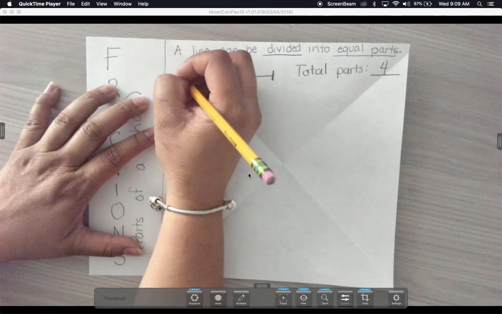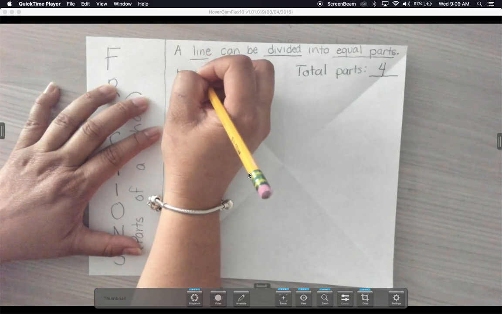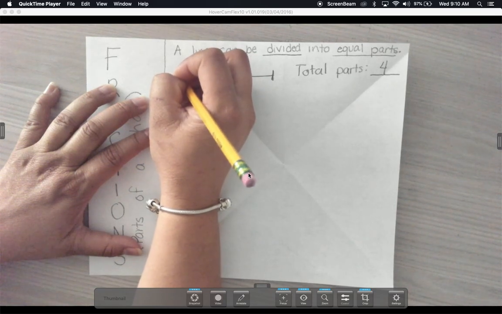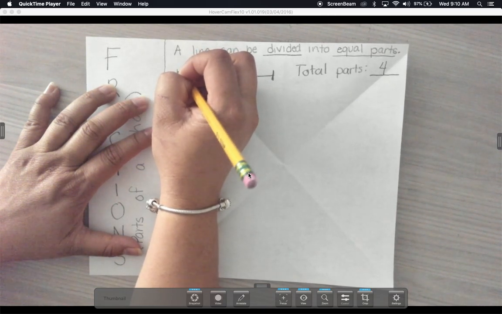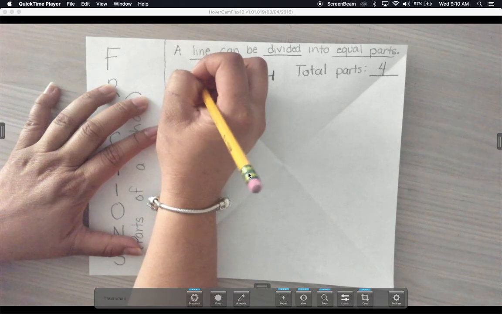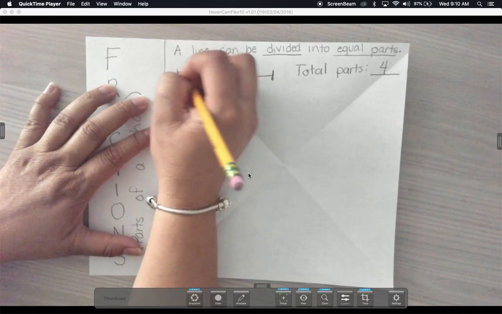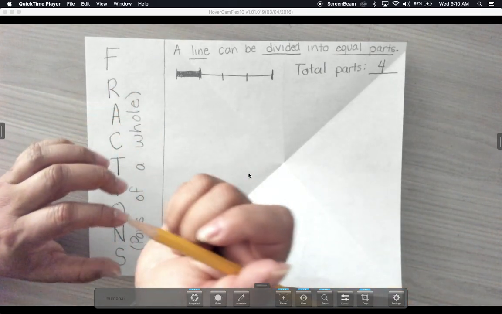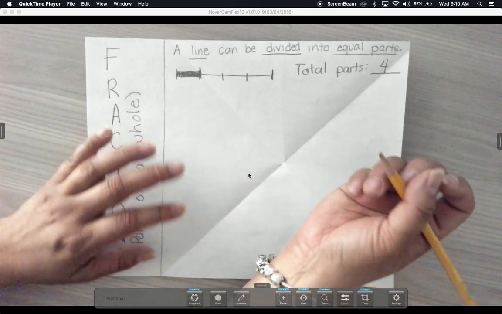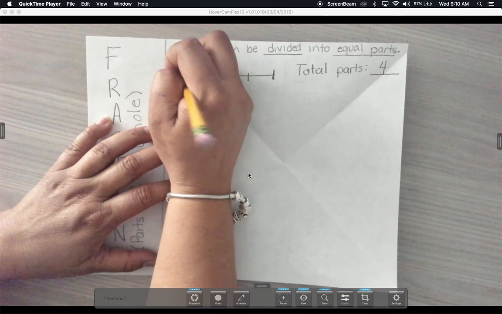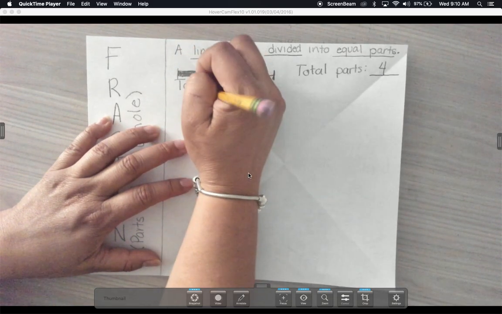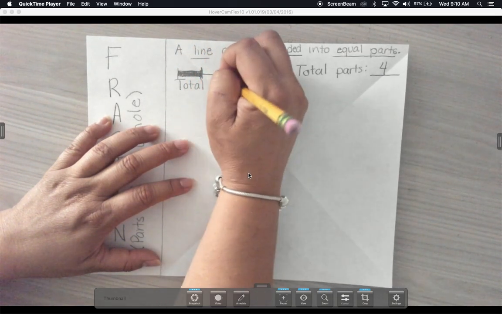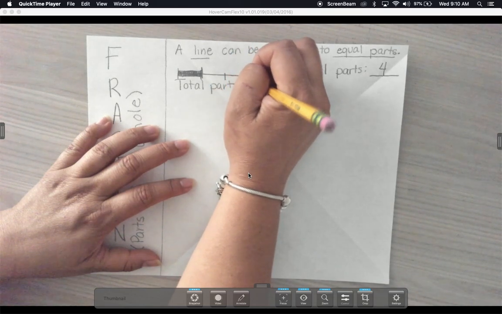Now I'm going to take this part and I'm going to shade this part in. So if I shade in that part, how many total parts are shaded?